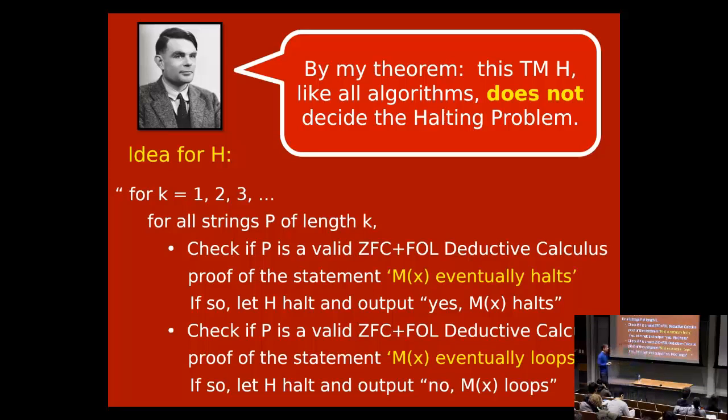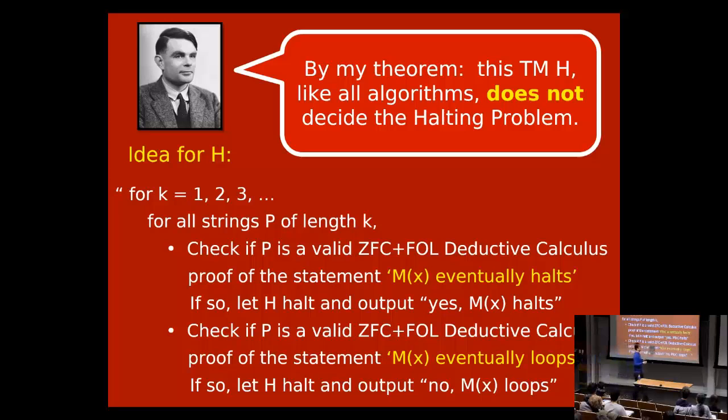But what does it mean for an algorithm to not solve the halting problem? Either it has to get an answer wrong, but that doesn't look like the case. The main way in which you would fail to solve the halting problem is that it would not be a decider algorithm. It would get into an infinite loop. It would run forever.